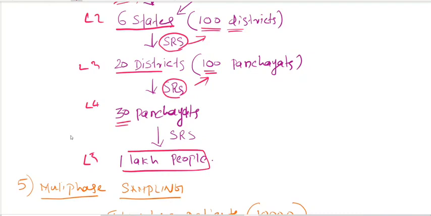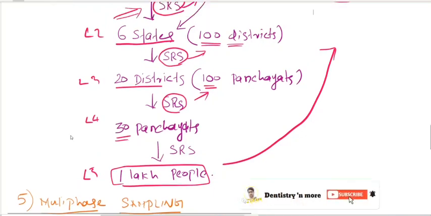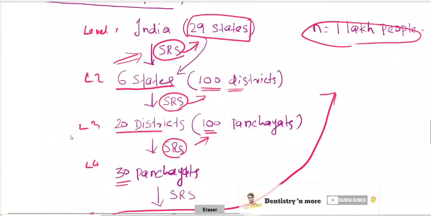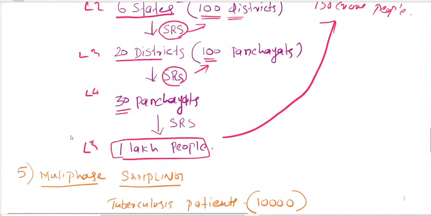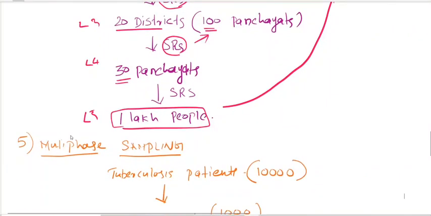In this way we can say that this 1 lakh people is representative of these 130 crore people, only because we have used simple random sampling at each level. Okay, so this is how most of the nationwide studies are done.